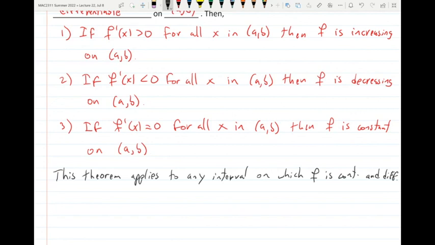As long as f is continuous and differentiable, then we are good. For example, maybe the interval has the form (a, positive infinity) or (negative infinity, b), or maybe the entire real line, etc.